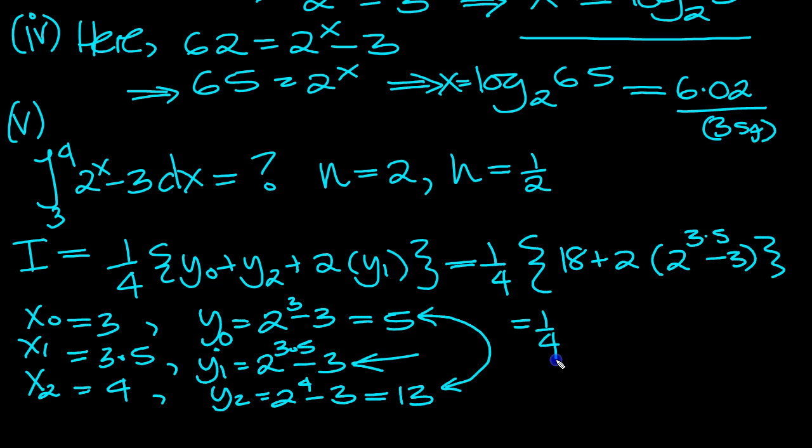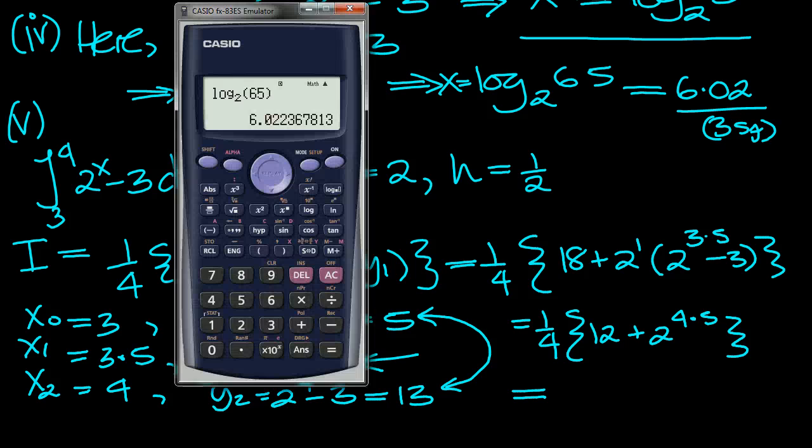So that's 1/4. Now I'm going to expand the bracket. This is minus 6, the second term. 18 take 6 is 12. And we've got a 2 to the 1 here, really. So when we times the first term to expand the bracket, we'll get 2 to the 4.5. So that's what we need to tap into a calculator, and we're working to 3 significant figures.